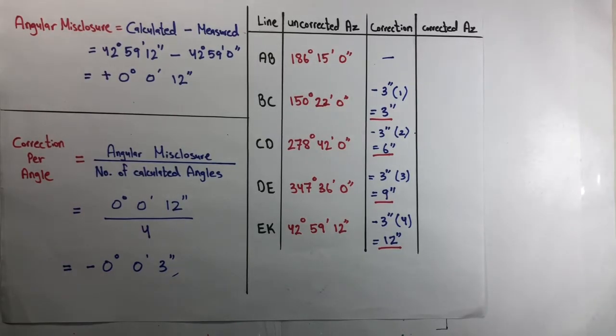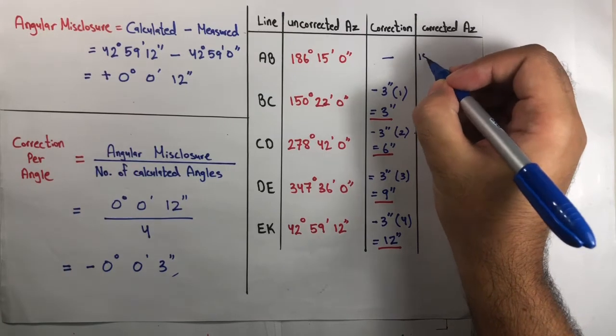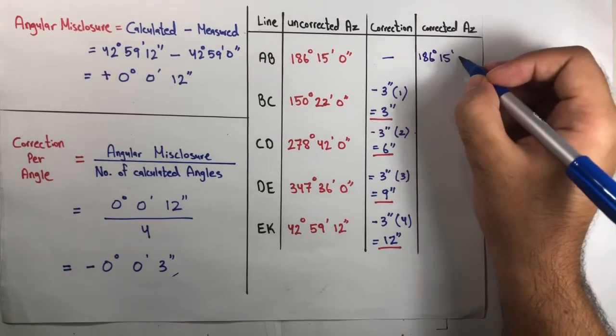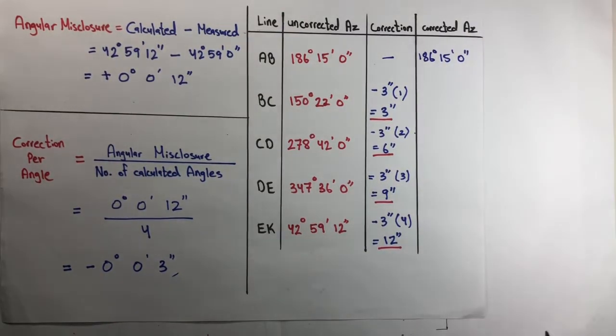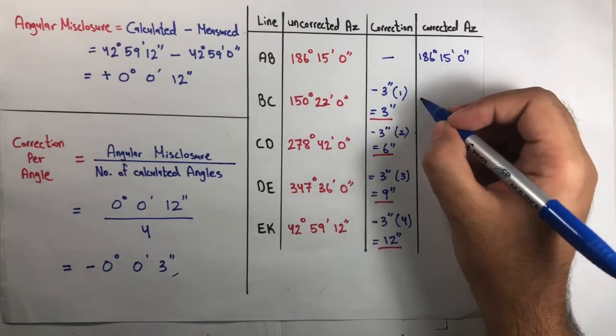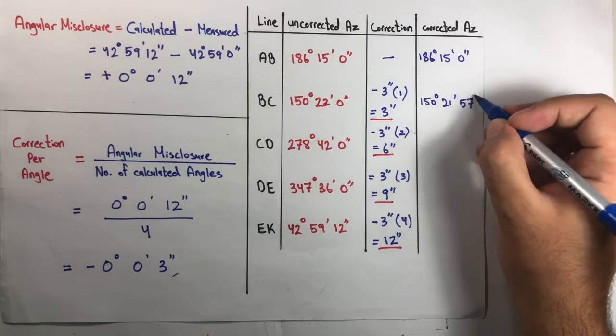So in the first one, there was no correction, so I'll get the same angle, which is 186 degrees, 15 minutes and 0 seconds. In the second one, we have to deduct 3 seconds from this azimuth, and we'll get 50 degrees, 21 minutes and 57 seconds.